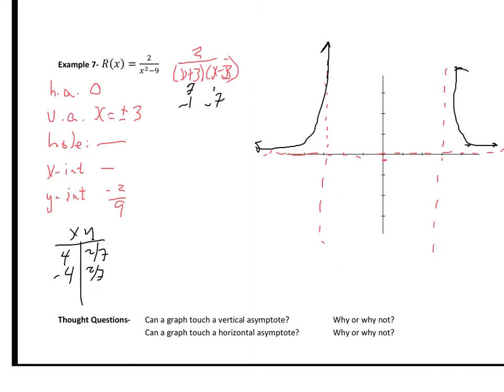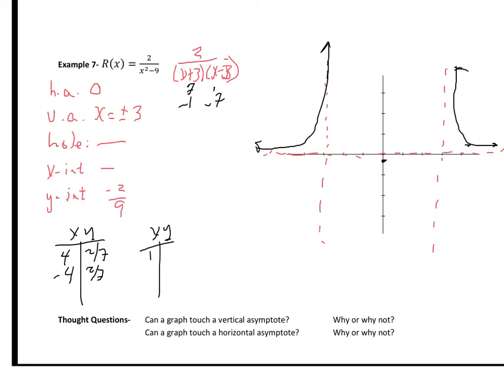Now we got to figure out the middle, and this is where it gets a little tricky. So make sure that we are doing this correctly. All right, so let's pick some points in the middle now. We've already got our y-intercept right there, so that's good. So let's pick x as 1.